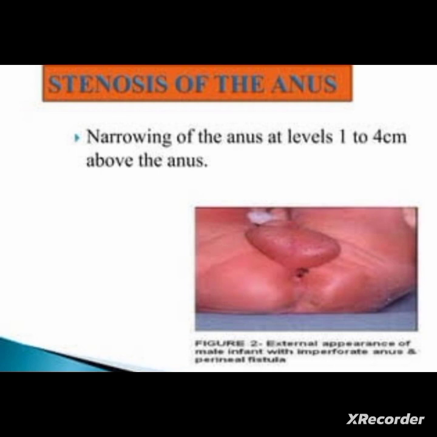In this picture you can see the anal opening that is 4 centimeter above the usual anal opening. So that is the stenosis of the anus. This occurs in only 10% of anorectal malformation.